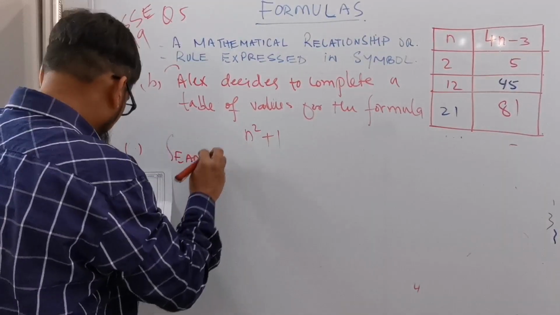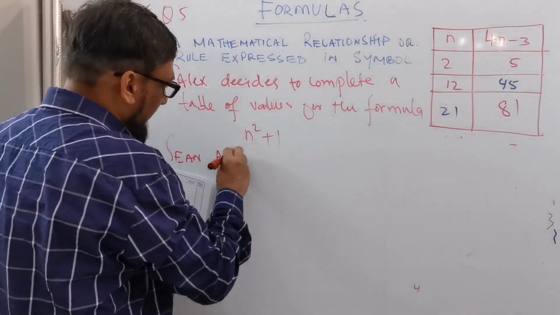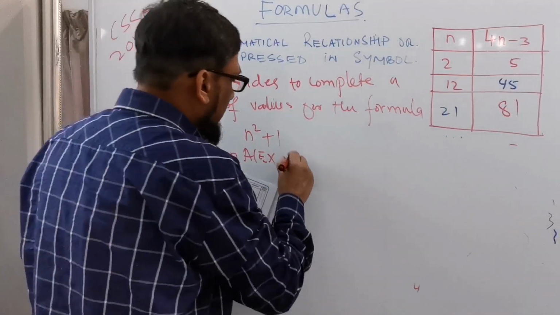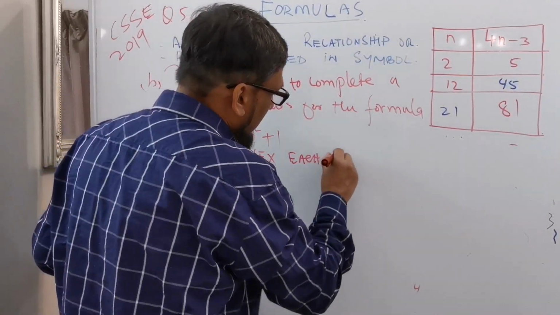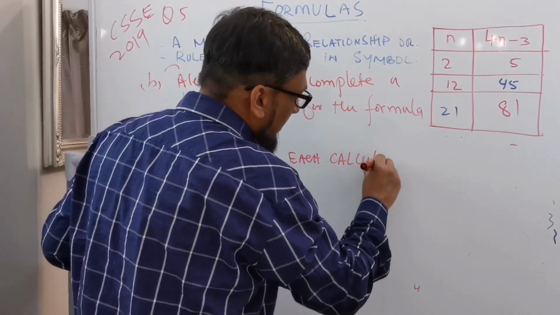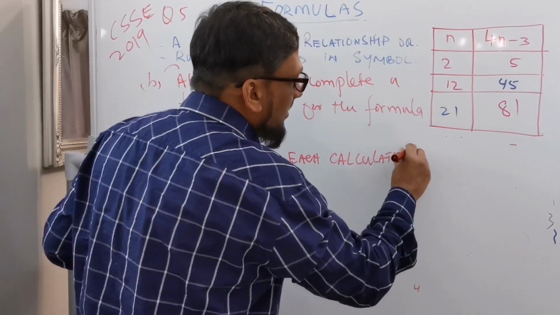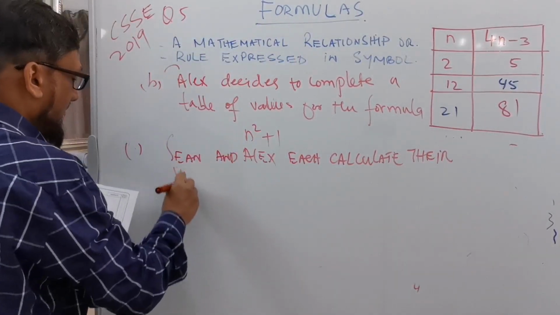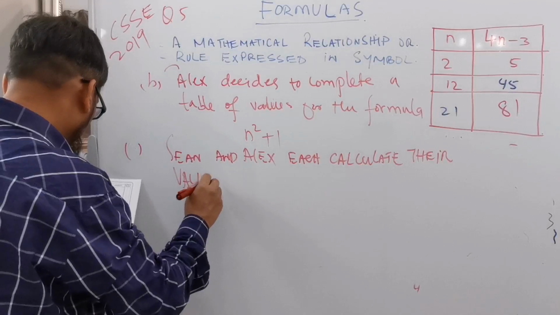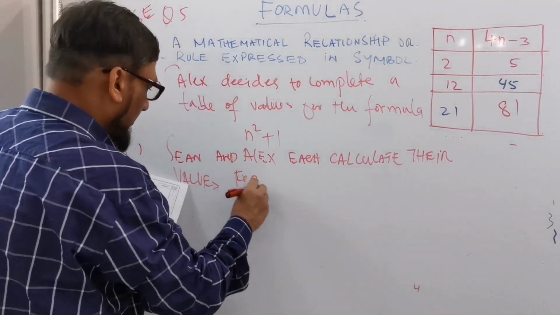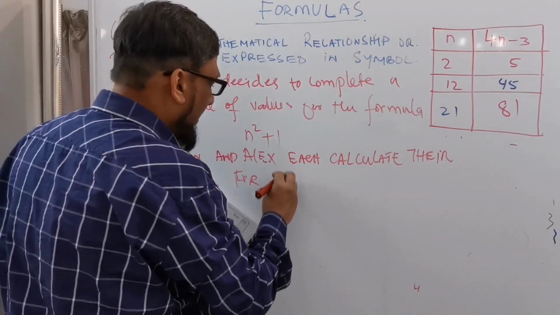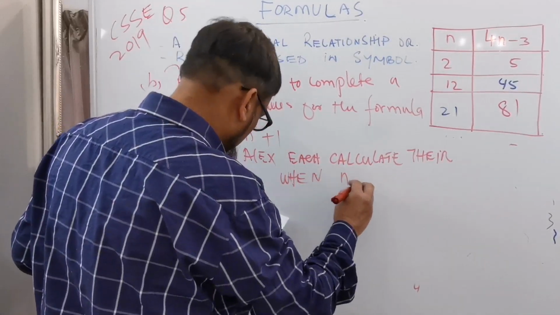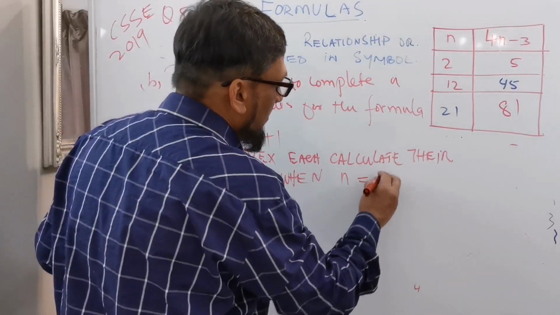The question is: Sean and Alex each calculate their values for when n equals 11.